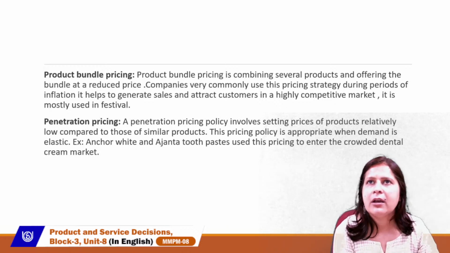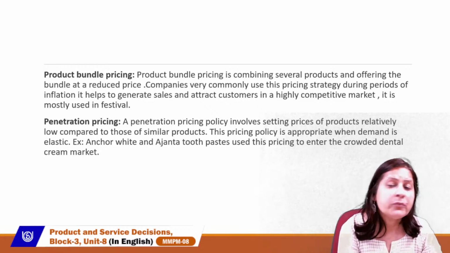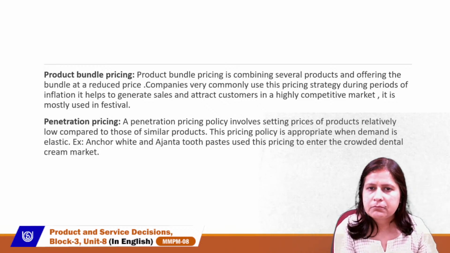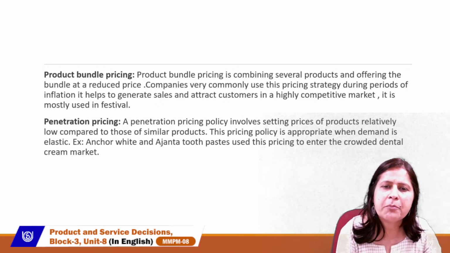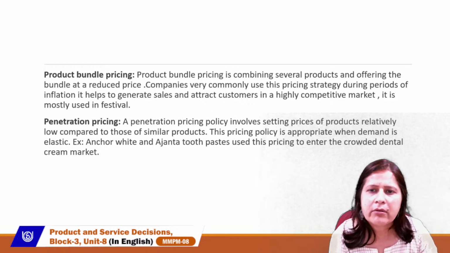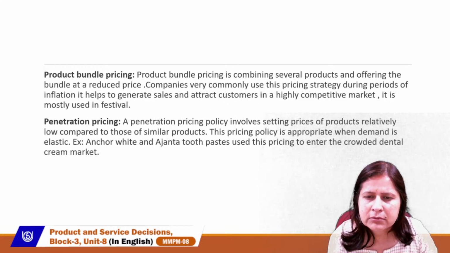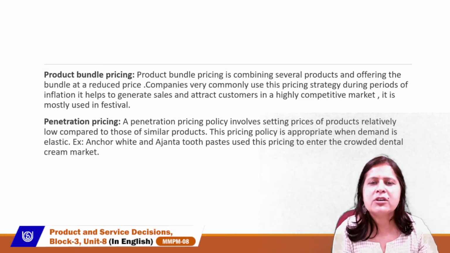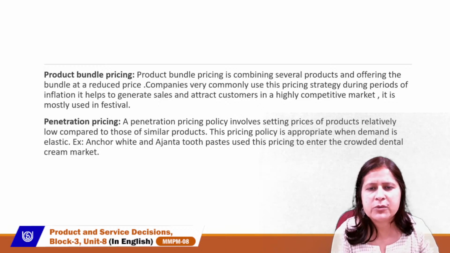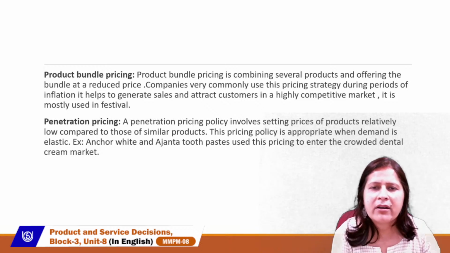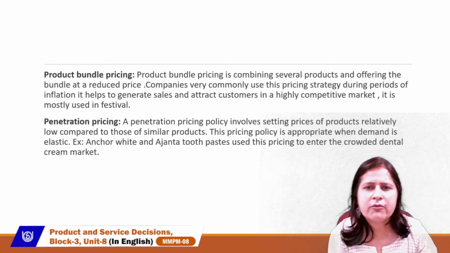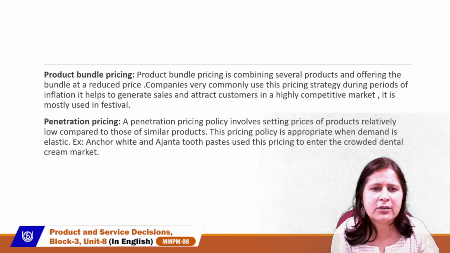Product price bundle, you might have seen that nowadays a company offers a razor with a set of blades, say two or three blades, or a razor with a shaving foam, right, or a lotion together.